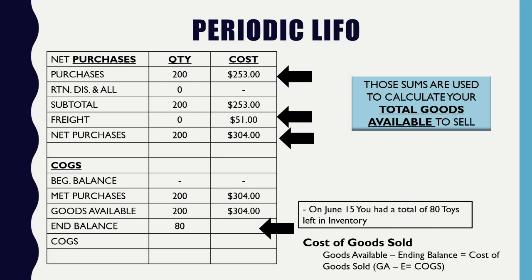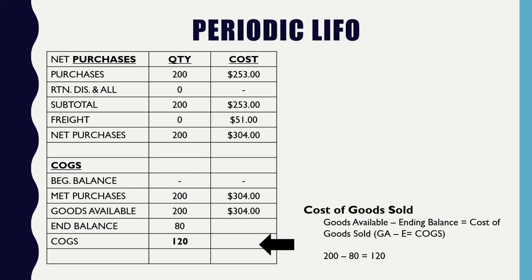We were also given that on June 15, you had a total of 80 toys left on hand. So if we had a total of 200 items and 80 items left in inventory, we must have sold 120 units.